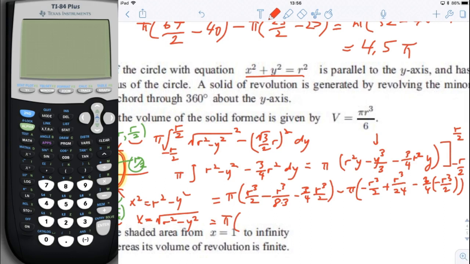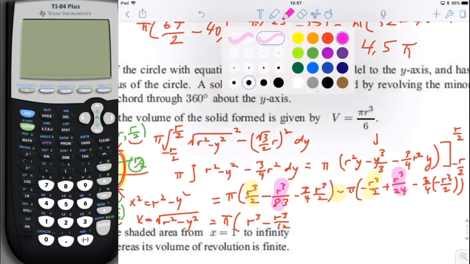I'm going to try to combine the fractions with similar denominators. So here I have r cubed divided by 2 plus r cubed divided by 2, because there's two negative signs here, right? So that would just be r cubed. Now let's look at the next. So this one would be minus r cubed divided by 24, and this would also be minus r cubed divided by 24. So that would be a total of minus r cubed divided by 12.